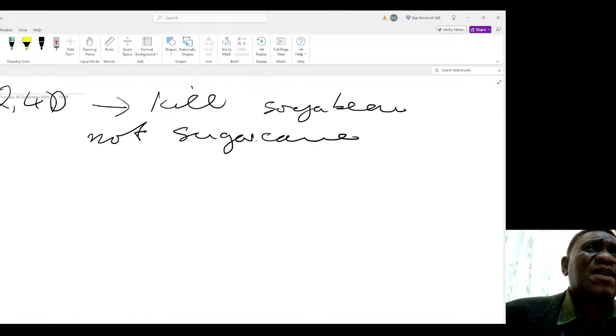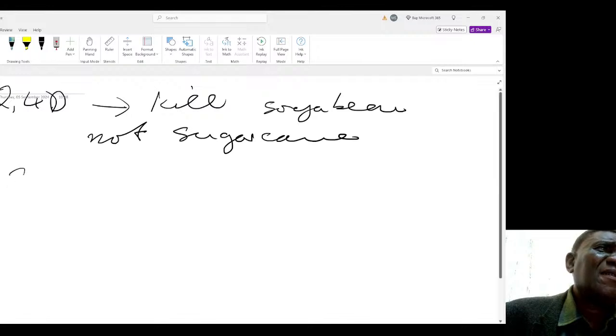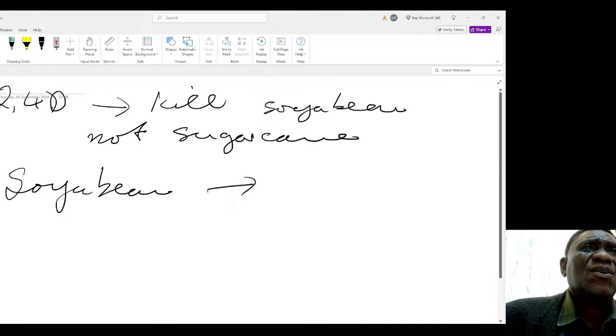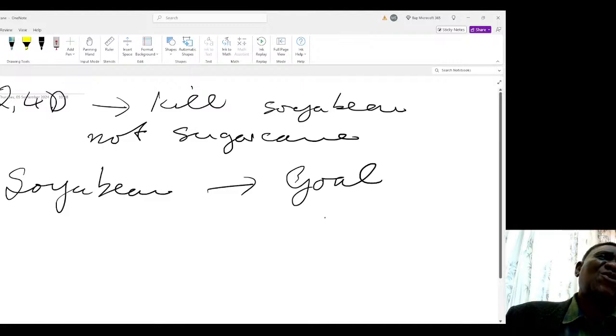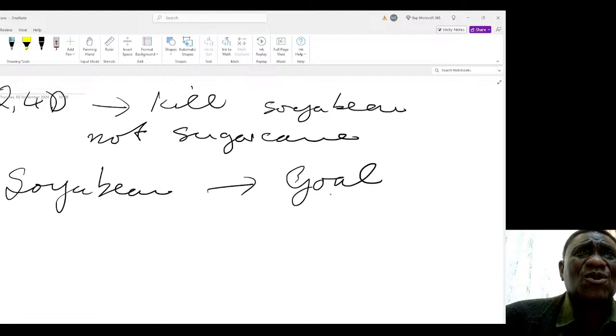We also have an example of soybean with a chemical known as gall. Again, gall does not move very fast in soybean, and it may not kill soybean. Although in Zimbabwe we are not using gall for weed control in soybean.